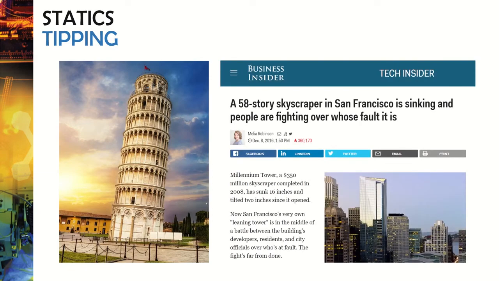Very recently, a 58-story skyscraper in San Francisco called the Millennium Tower, which cost over $350 million, has already sunk over 16 inches and tilted several inches since it opened. You can imagine that in a very seismically active region, that's probably not very good.